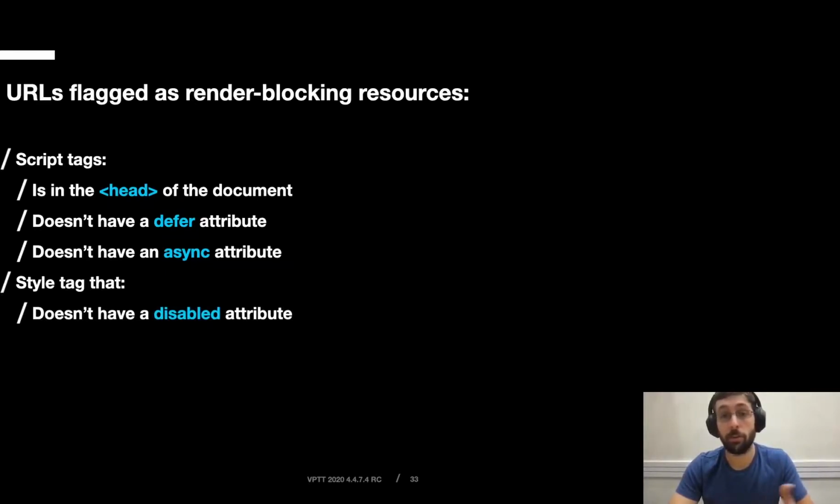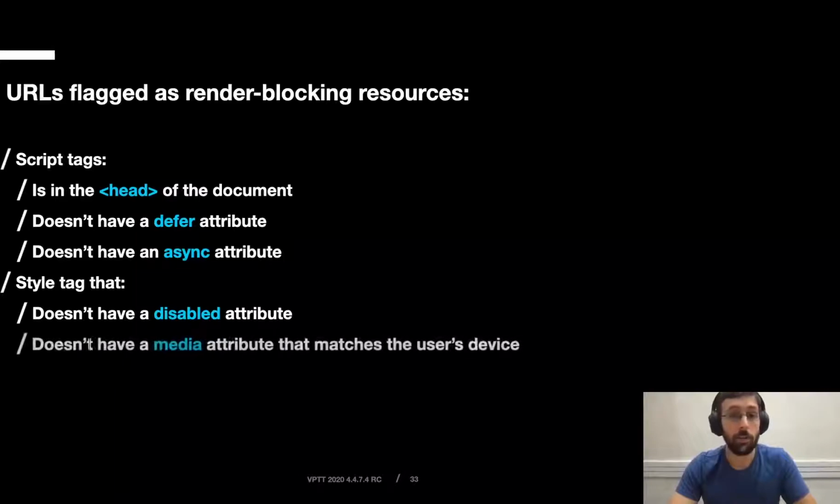When this attribute is present, the browser doesn't download the style sheet. And we have link tags that don't have a media attribute that matches the user's device. So we can have, like, the media attribute set to print. This attribute is not going to match our device if we have a laptop or a mobile phone, right? This is only for printing, so the browser is not going to block on that style sheet.